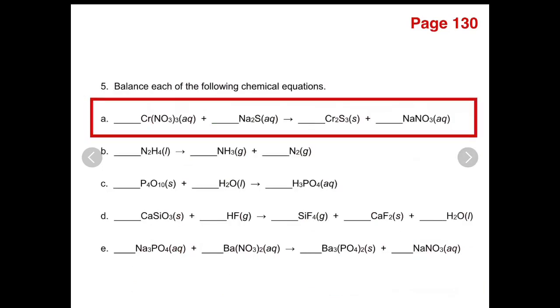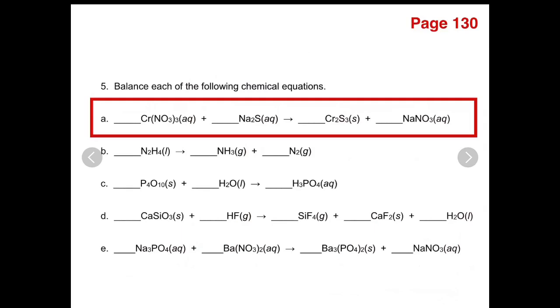Okay. So the next part, or the last part of this lecture section, is that if I give you the equation that is already written to you, like pre-written for the chemical formula, you will also need to be able to balance the chemical equation. So we are going to look at 5a.